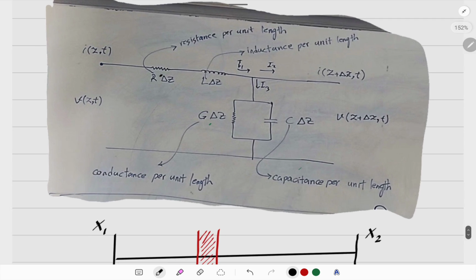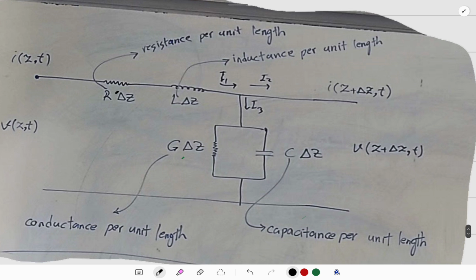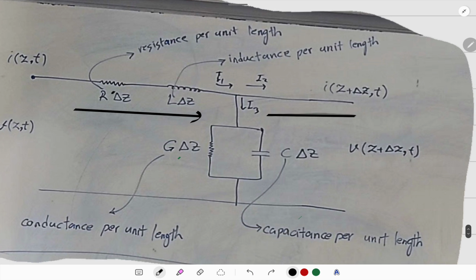So if you take a close look at the circuit over here, we see that we have this line and this line over here. Or, in order to make it simpler and more realistic, we should redraw this like this.